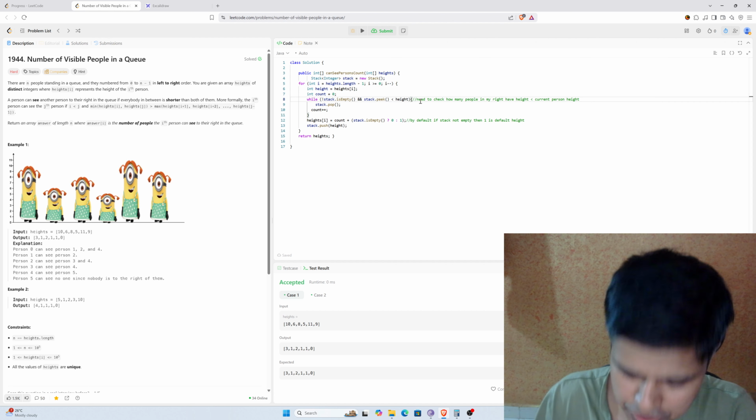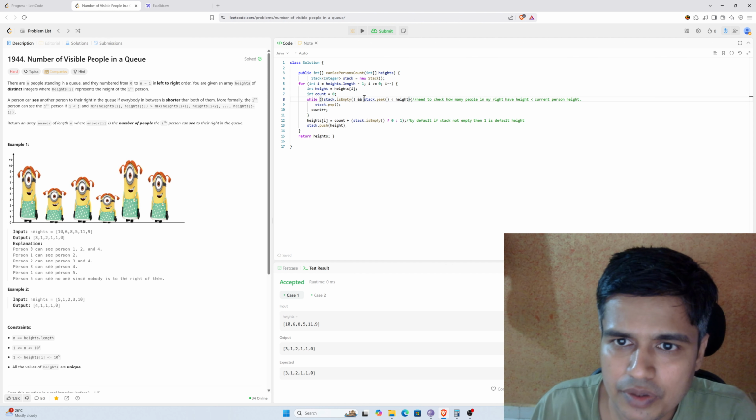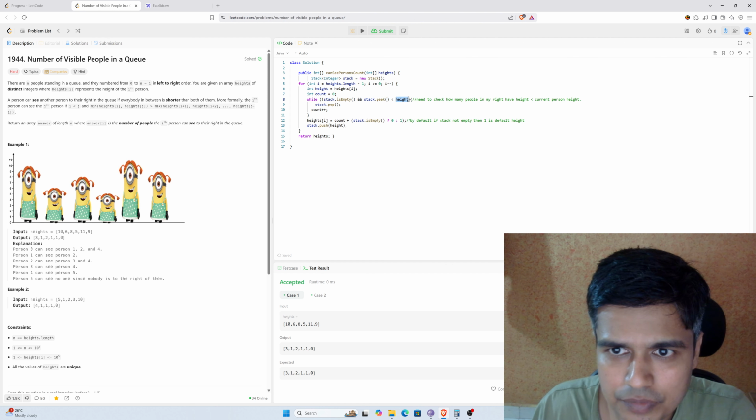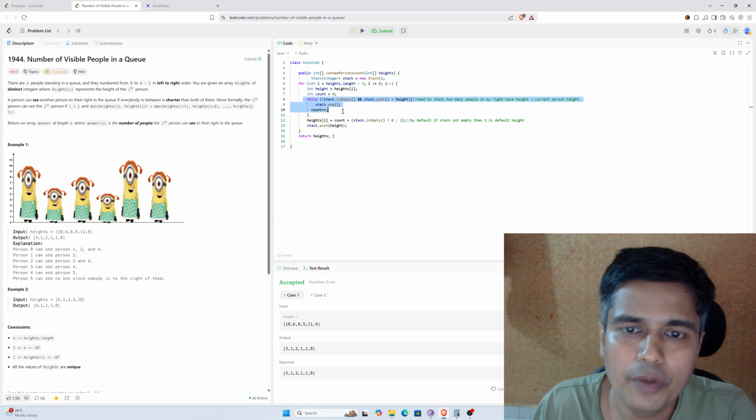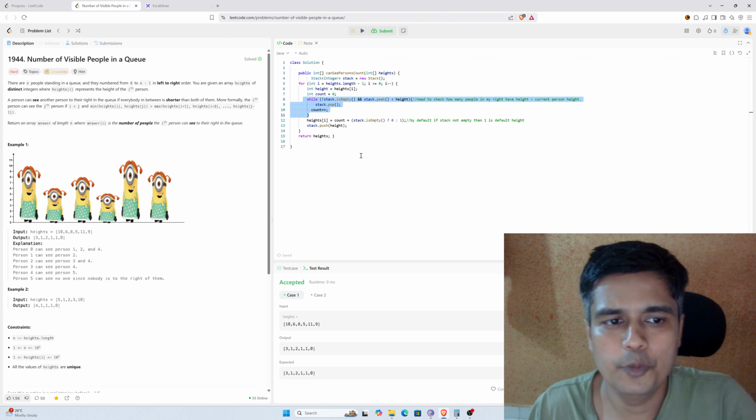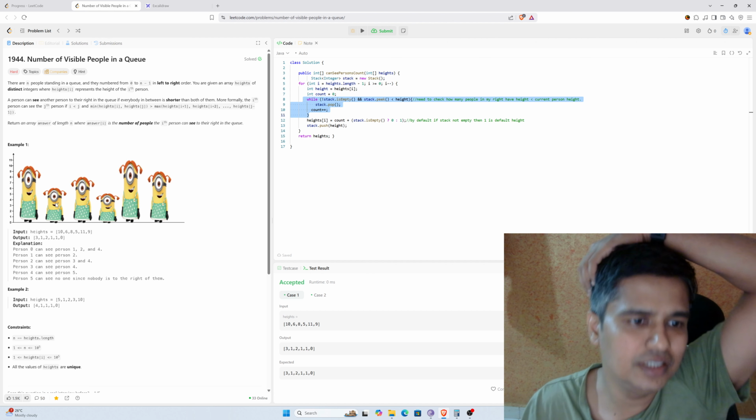So this is the intuition. Till the time the person at the right has less height than the current person, we're going to pop it, but we're going to count how many such people there are.